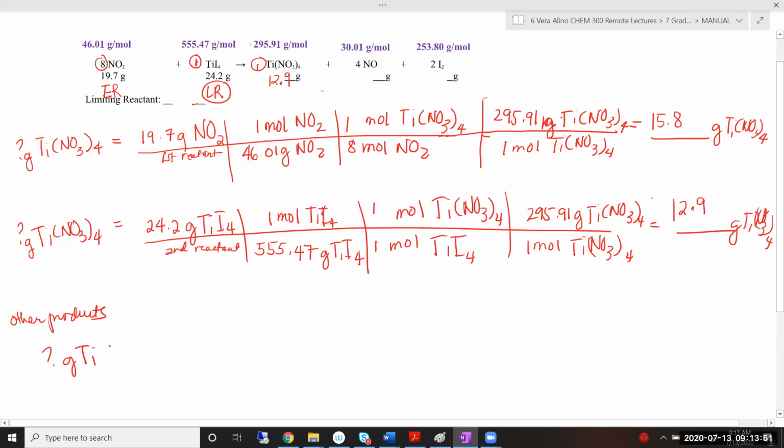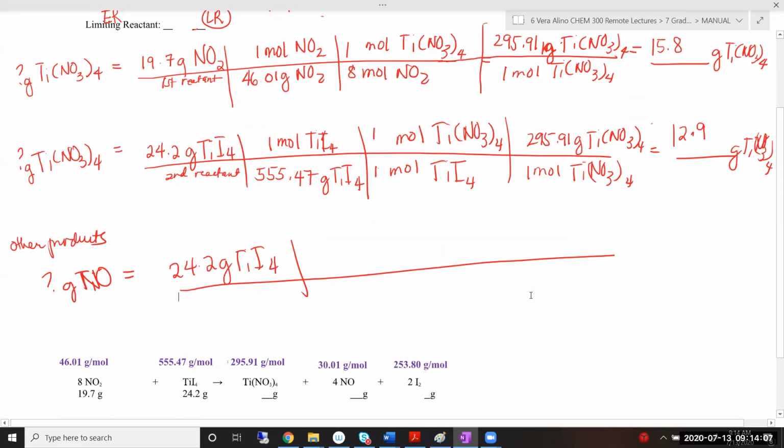How many grams of NO are produced if 24.2 grams of titanium 4 iodide is used up? Okay, and I'm going to do the same thing for the third product, iodine.